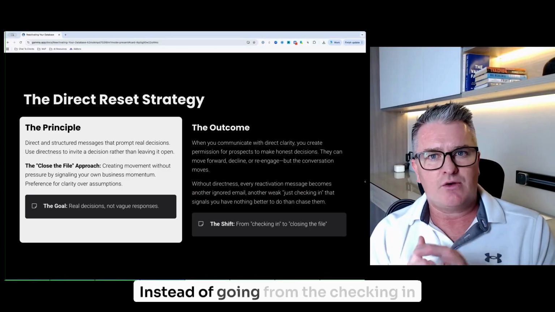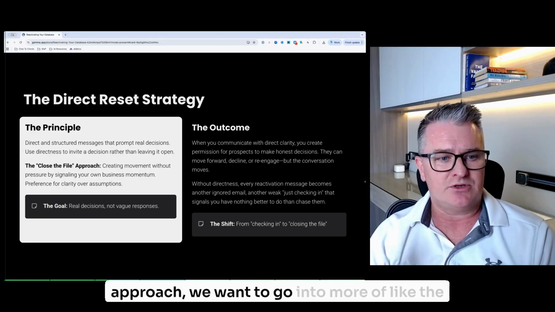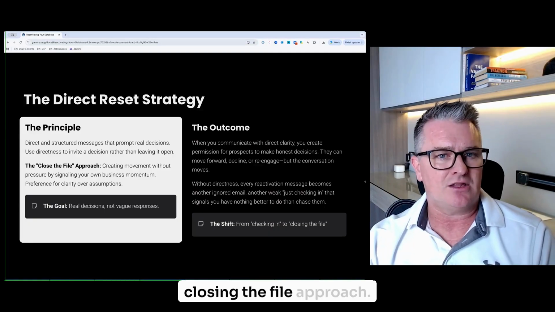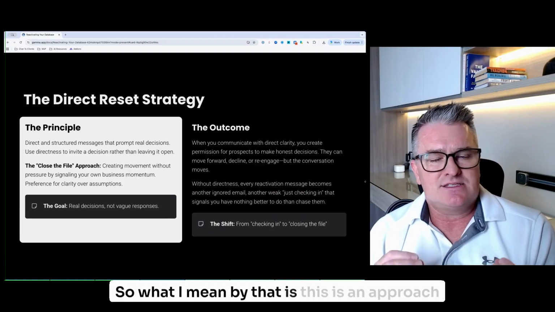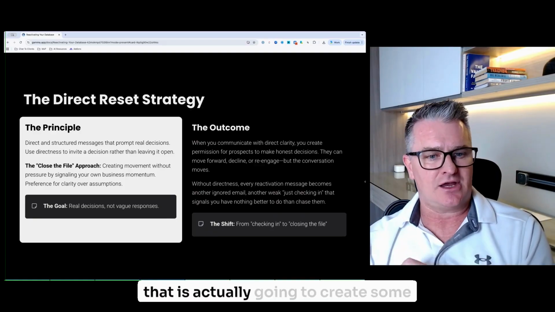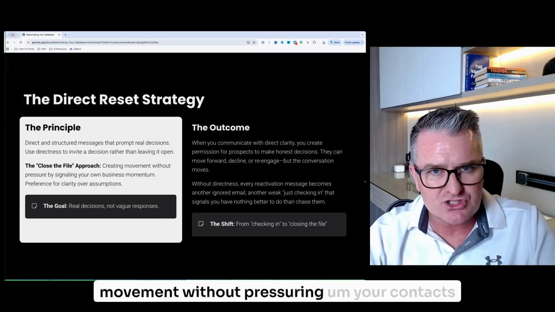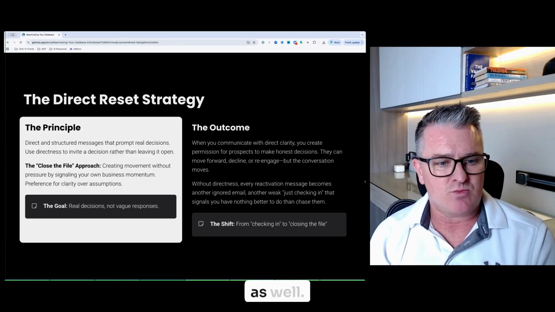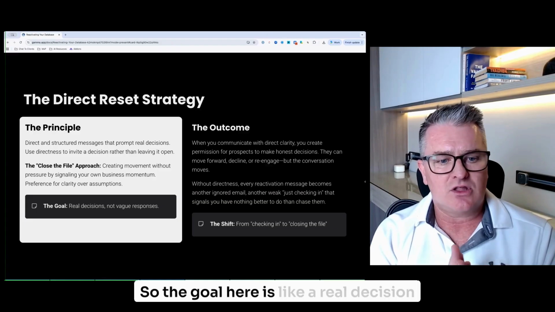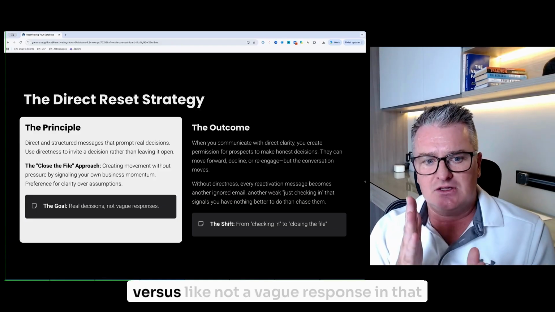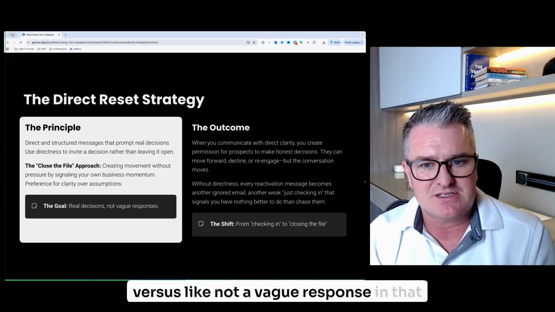So instead of the checking-in approach, we want to go into more of a closing-the-file approach. This is an approach that is actually going to create some movement without pressuring your contacts as well. So the goal here is a real decision, not a vague response.